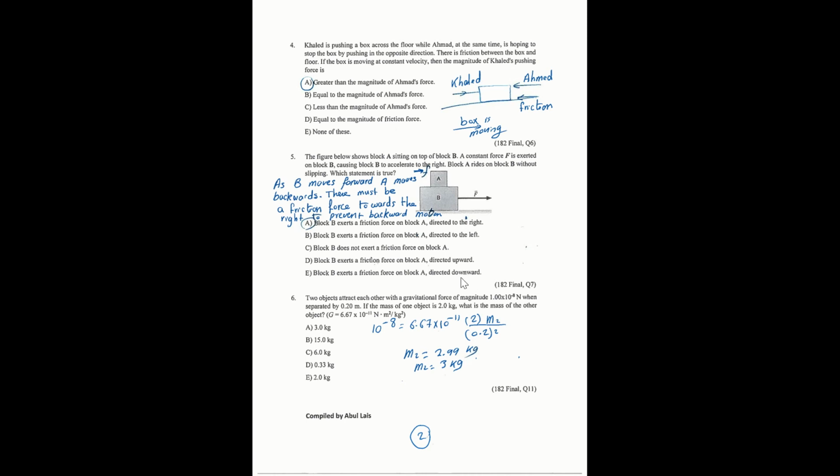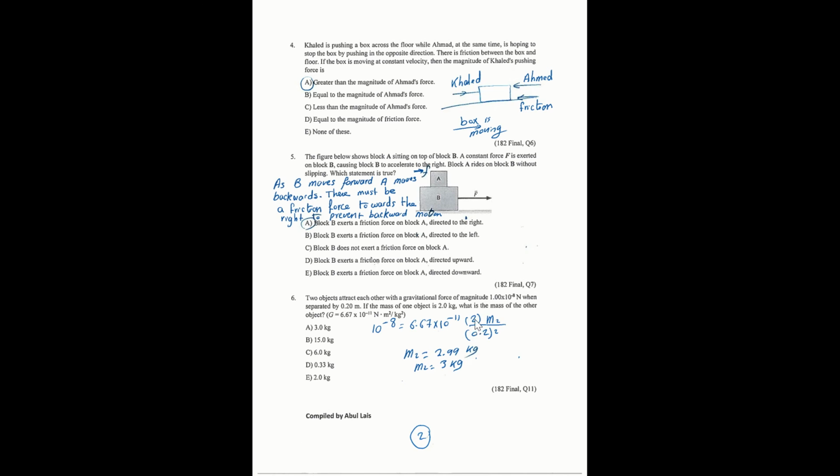In this problem, I just need to use the gravitational force law that says F equals capital G m1 m2 divided by the distance squared. So here I know F equals 10 to the negative 8 newtons, and G is a constant called the universal gravitational constant, equal to 6.67 times 10 to the negative 11 newton meter squared per kilogram squared.